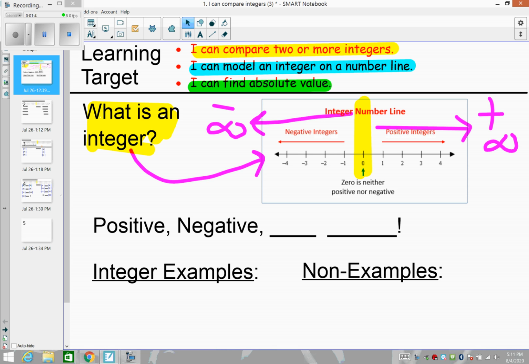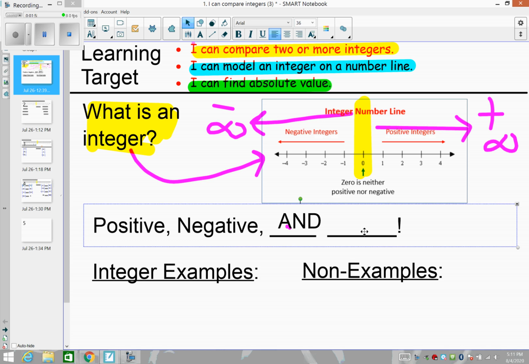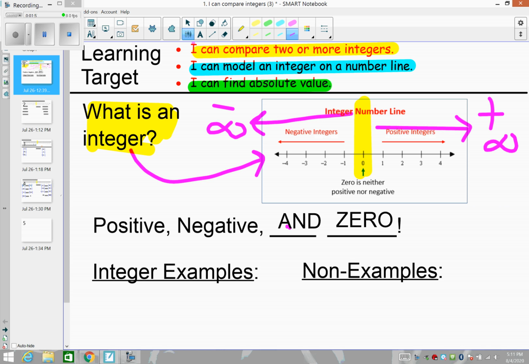So integers have to be positive, negative, and 0.